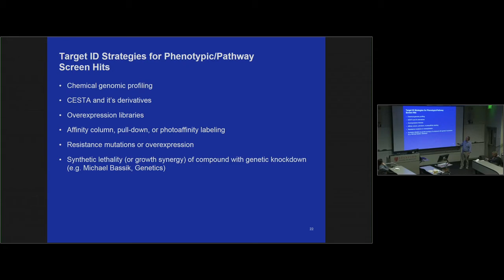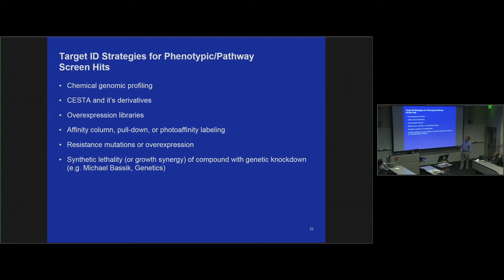There's the classic things of making an affinity column or photo affinity labeling. You typically have to know something about the SAR of the compound before you can do that. In infectious diseases, they often select for resistance and then sequence and find out what changed that gave you resistance.